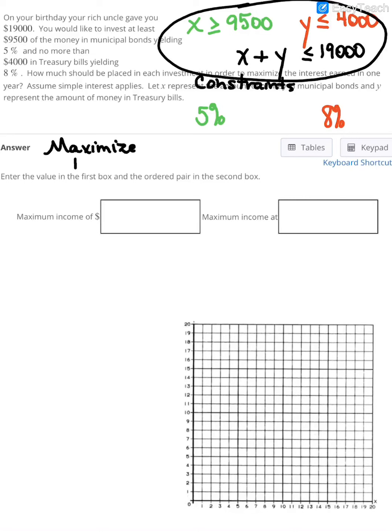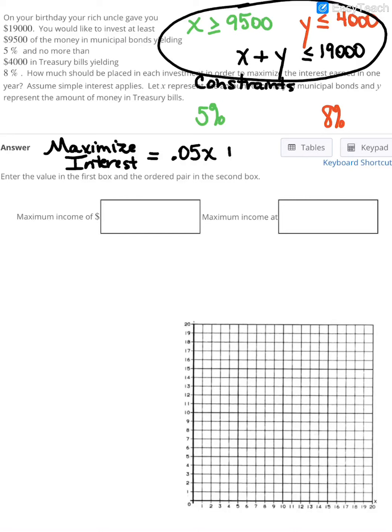So if we are wanting to maximize our interest, and they tell us to assume simple interest applies, then we know that with our municipal bonds, if they're paying 5%, we're going to multiply 0.05, which is the decimal for 5%, times the amount invested, which is X, times 1 year.